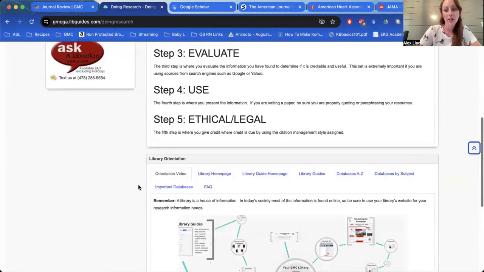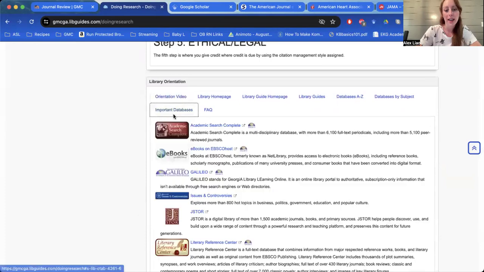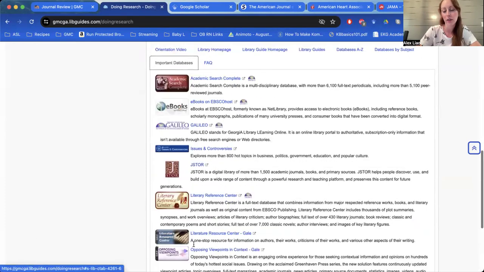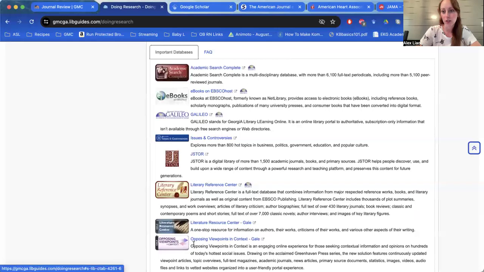So if you scroll down on this page, go to important databases. This is all your databases to help look for journals and news articles or journals and research articles. Be careful. Some of these are books, so textbooks, those are not considered a journal, because journals are a short volume of what is current for this time.